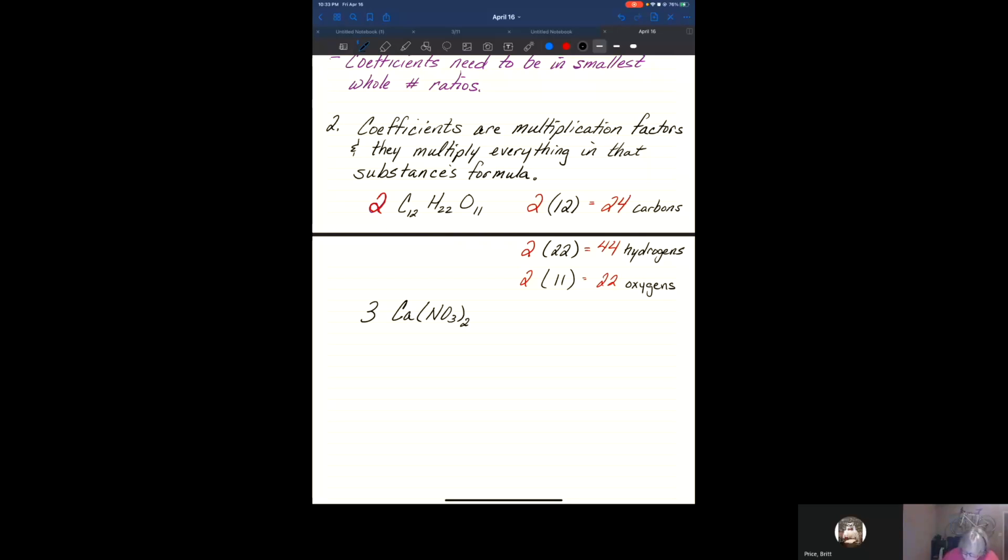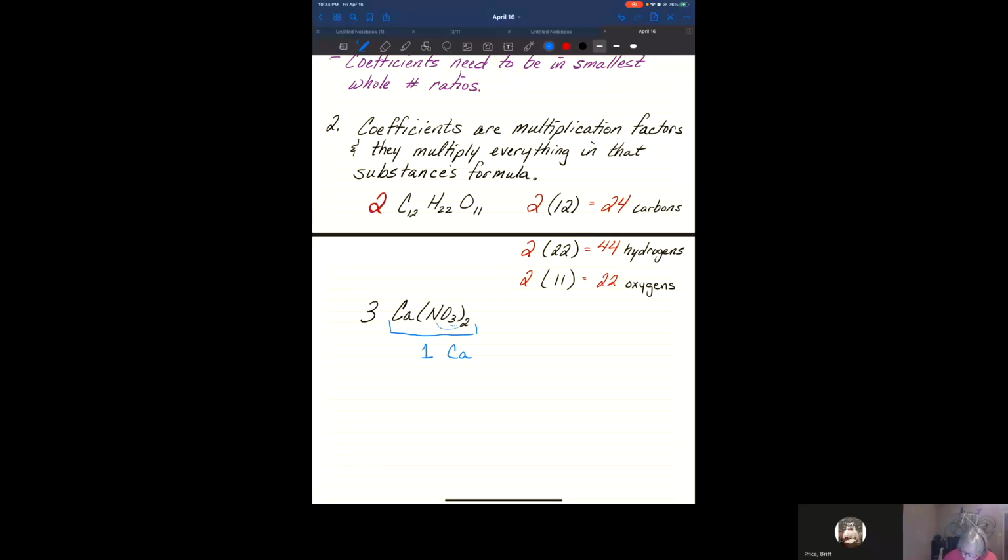What you may want to do when you're first starting off is break down the calcium nitrate. So in this calcium nitrate, we've got 1 calcium, and then the subscript outside the parentheses multiplies everything inside.